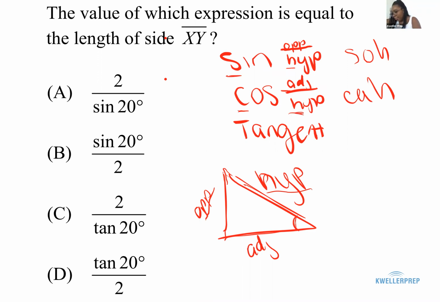So that's where you get Ka. Tangent is the opposite side over the adjacent side. So you get opposite over adjacent, which is where you get Toa from. That's where the Sohcahtoa comes into play. All clear?